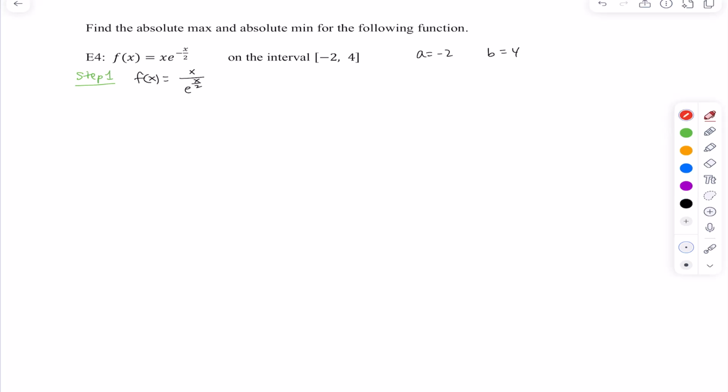We're going to go ahead and use the quotient rule. And we want to simplify this. We want to put this in reduced factored form.